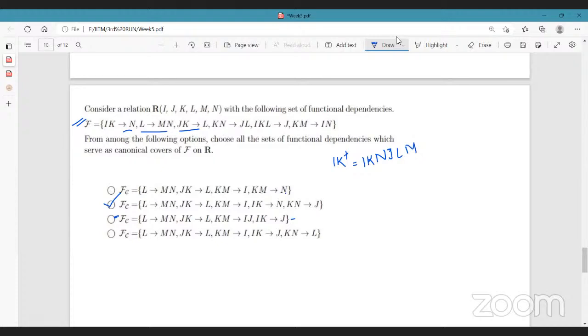Connection lost. Okay, you can check for the third option, right? Internet issue is there.